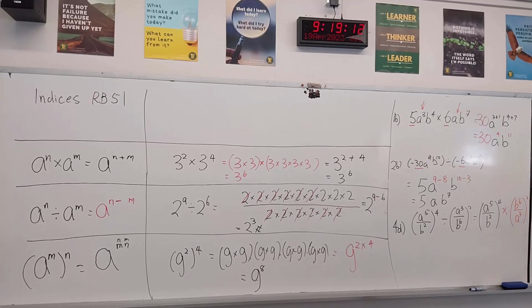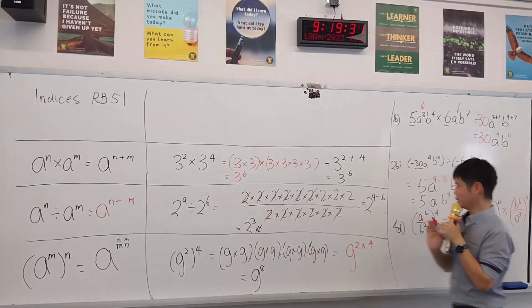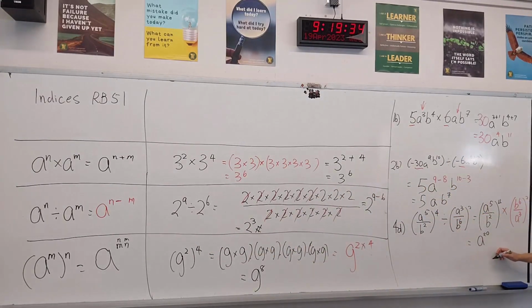Okay, now this law will be related to the third one. So I'll show you how to do it. What is the power of A now? 20. Who don't understand why? Power of a power. Power of a power. Yes. Okay. So a lot of times, students, you all forget the bottom.